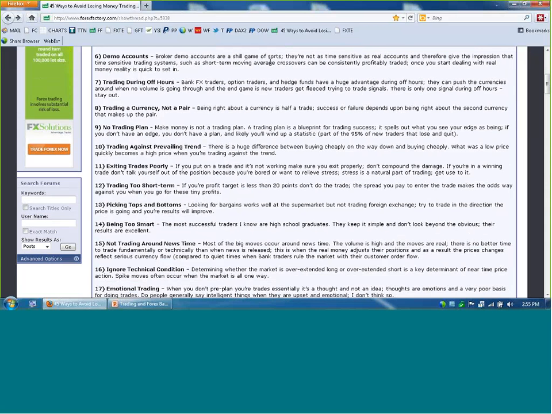Now, the demo accounts, you have to be very careful with these, because sometimes the demo accounts move slower than the real accounts. In a demo account, there's no slippage ever, so it's not really realistic of how it would be trading in the real world.